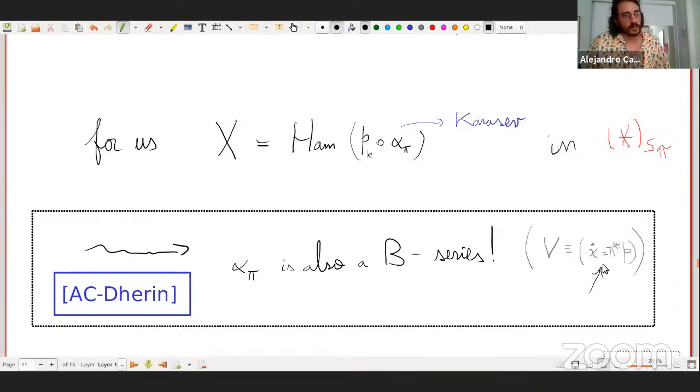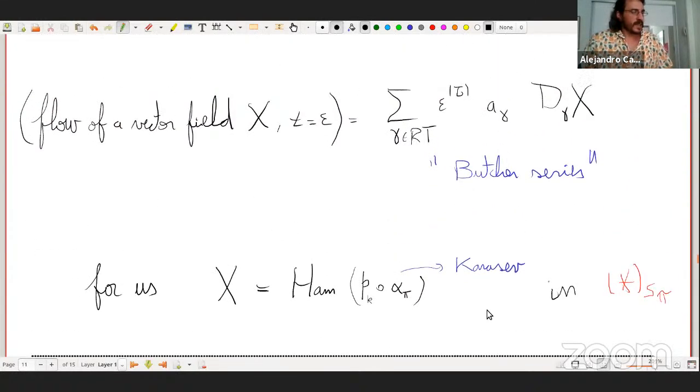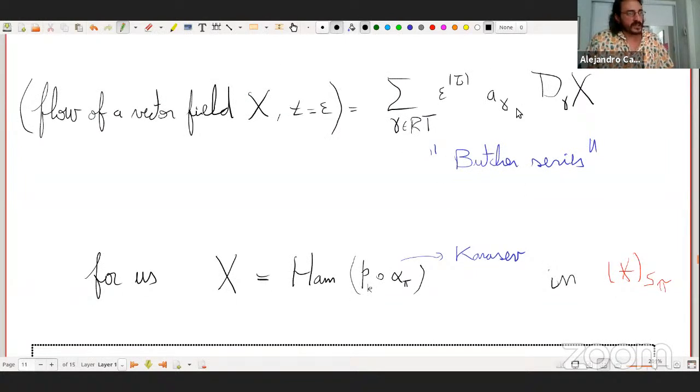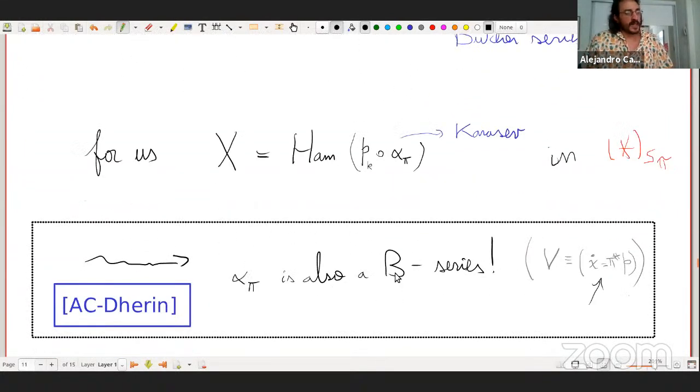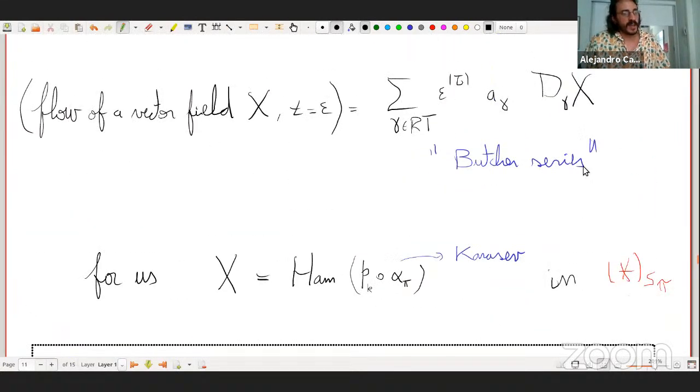This could be called the Poisson spray in this context. Then we have a graph combinatorics problem: to combine this Butcher series with the other Butcher series that I didn't write, but it's the same type, only that instead of X it is V.